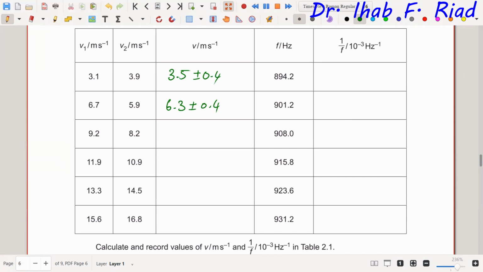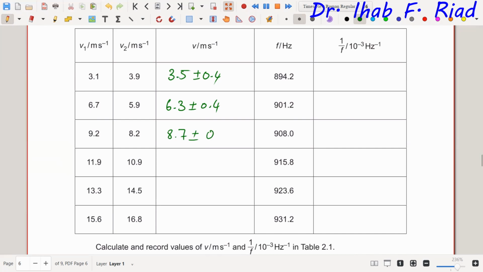It is 8.7. So it's 9.2 minus 8.7, right? It is 0.5.